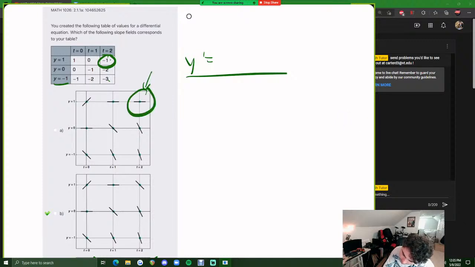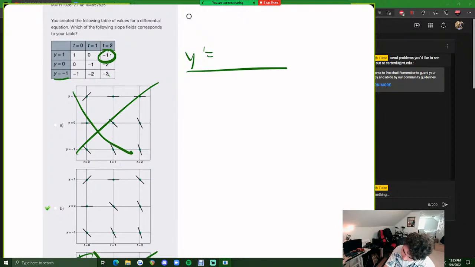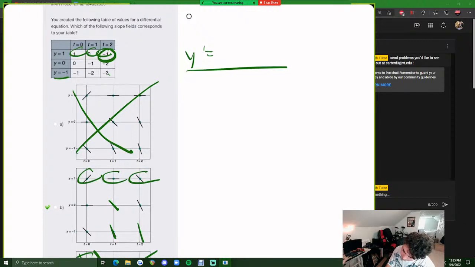Well, this slope is 0, it's very flat, so we can eliminate that, and then we can see that B does have that negative slope and obviously has all the others. A slope of -1, slope of -2, a little steeper, and then a very steep -3 slope. So all these slopes corresponding to all these slopes, and so on.